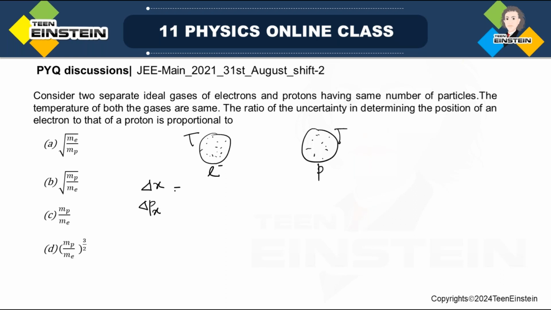Okay, this is uncertainty in position, and delta px is uncertainty in momentum.